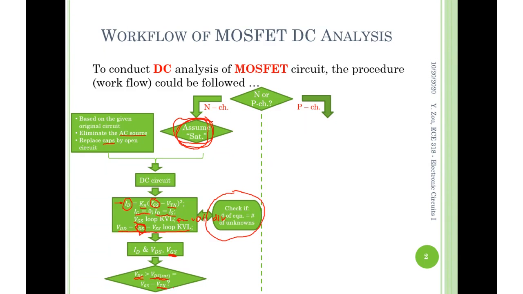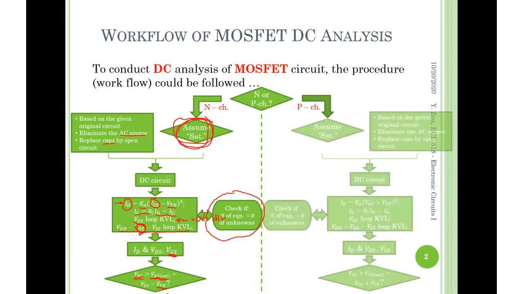If it is greater than this, which means saturation. Of course, if it is p-channel, everything remains the same. That's why you're seeing a symmetrical, or mirrored, workflow. The only difference is that it's not Kn, but Kp.